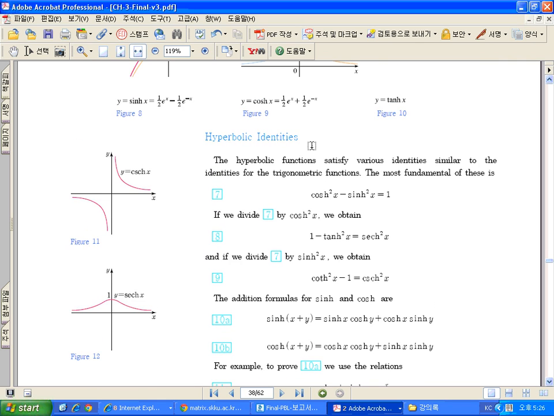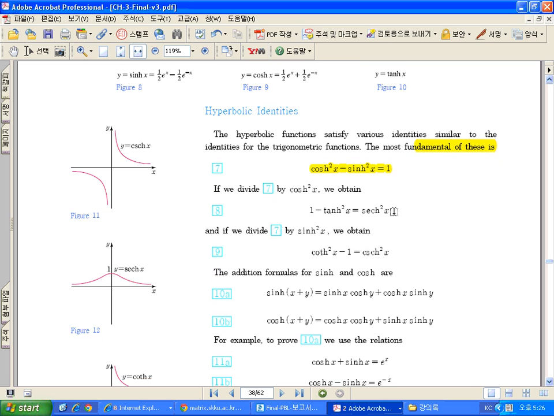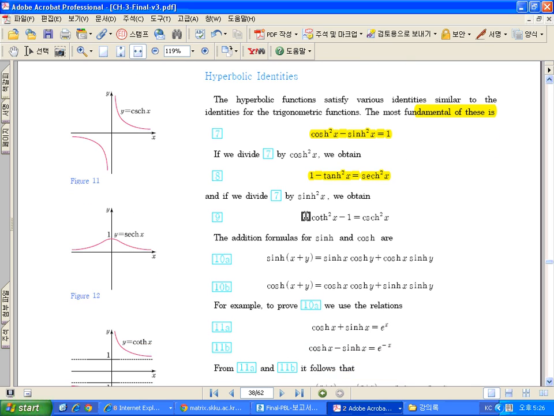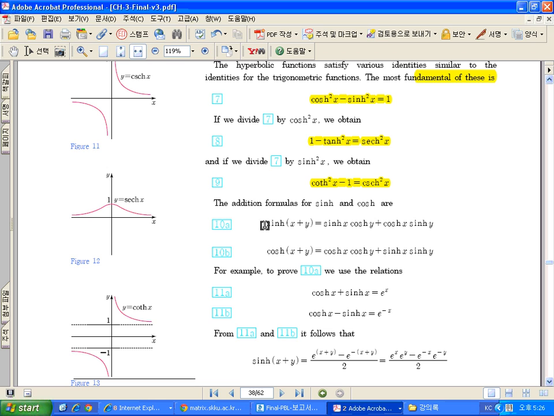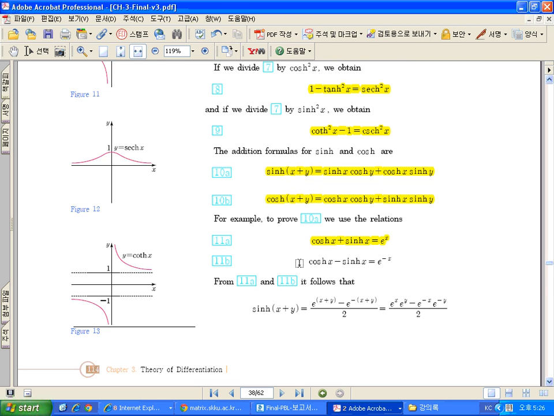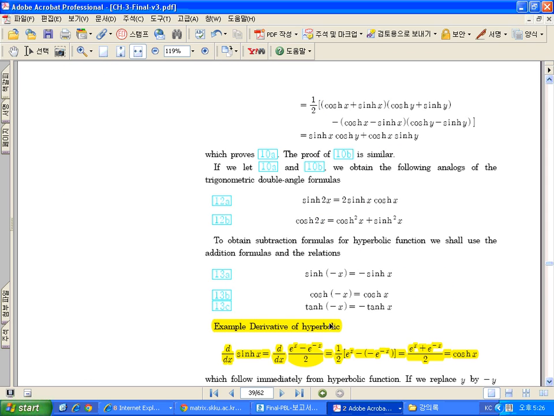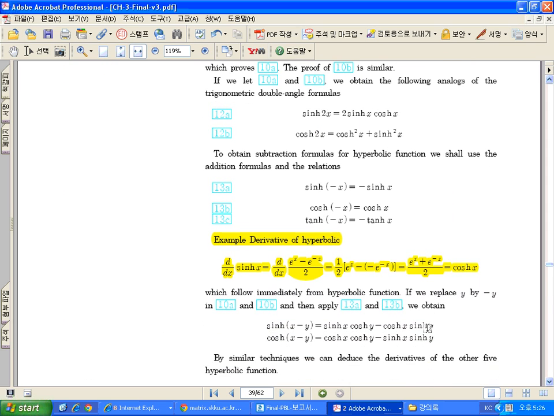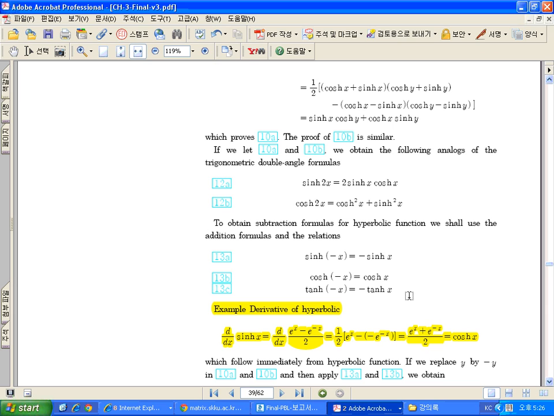From the given relationships, we can draw many equations like this, and many interesting relationships related to the hyperbolic functions.